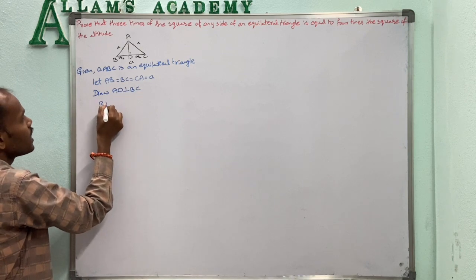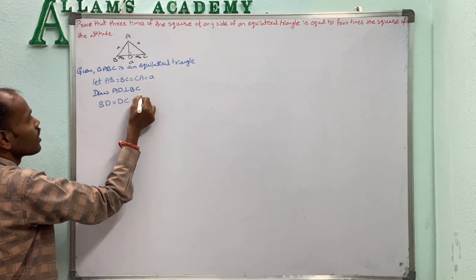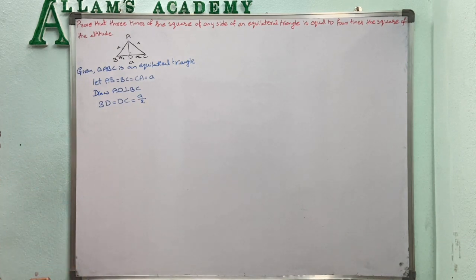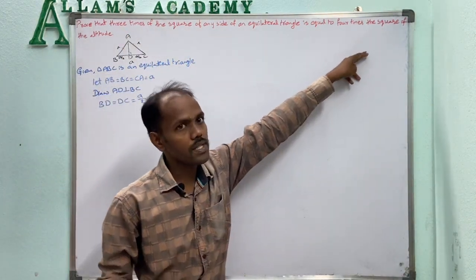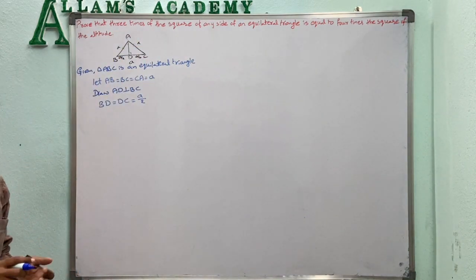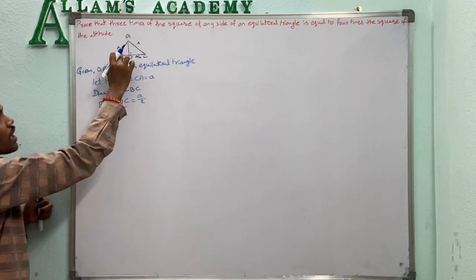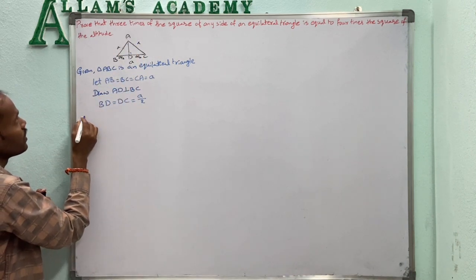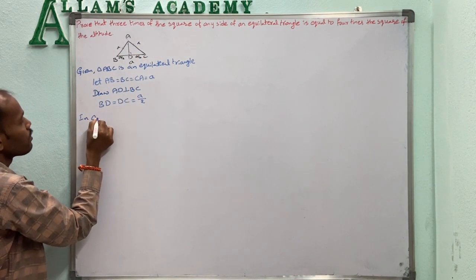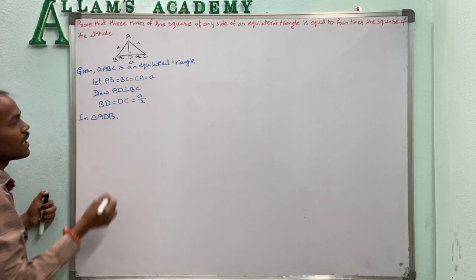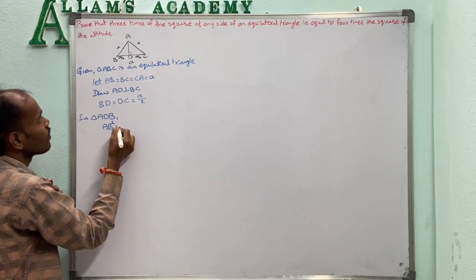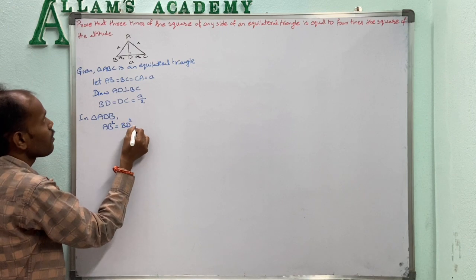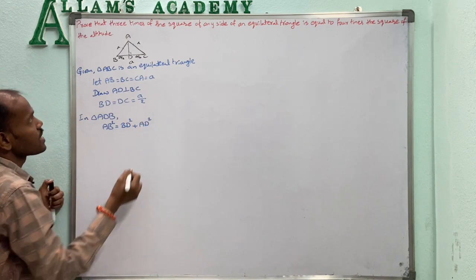So now BD length and DC length equal A by 2. Now we have to prove 3 times the square of any side equals 4 times the square of the altitude. So by Pythagoras theorem, in triangle ADB, the hypotenuse AB square equals the base BD square plus height AD square.